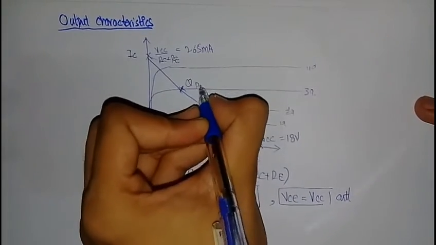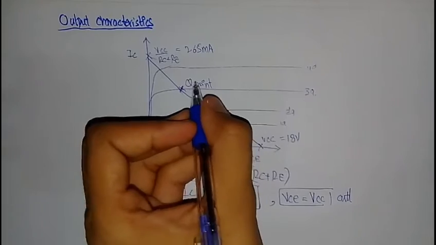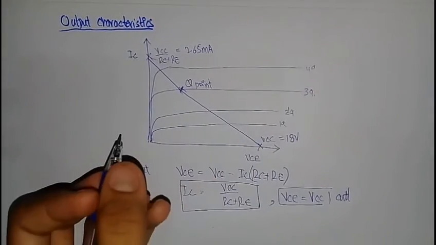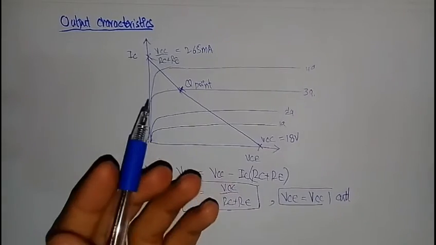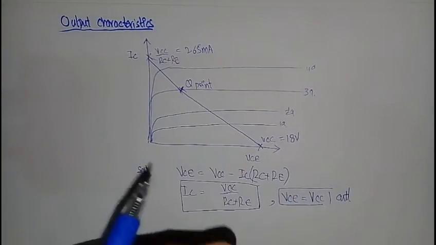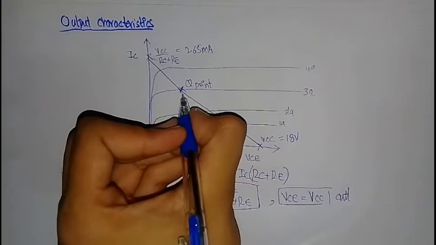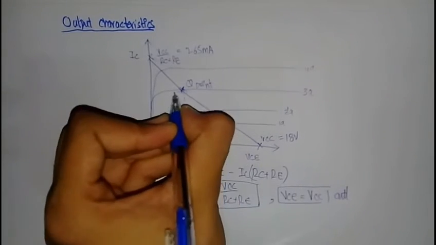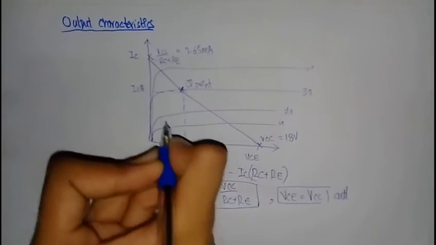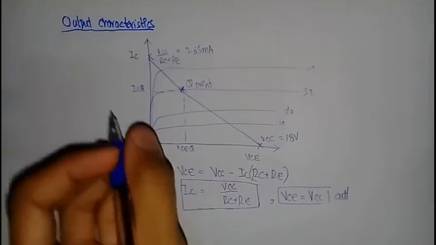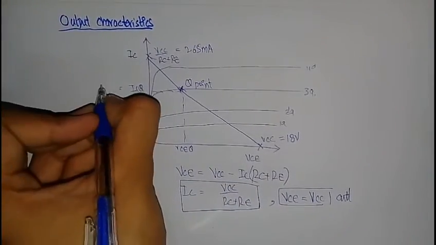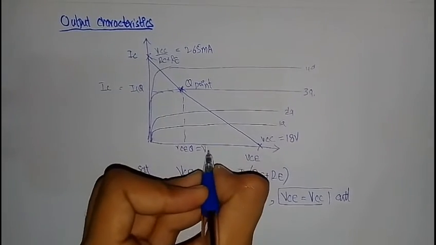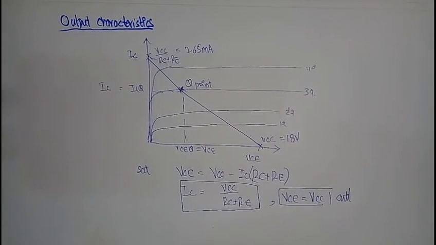This point is called the Q point of the transistor. The Q point is also called the stability factor. If this Q point is more stable, then your transistor will work more efficiently and act in the active region. So this will give us two pieces of information: ICQ and VCEQ. Both the values of IC and VCE we have calculated for this circuit.